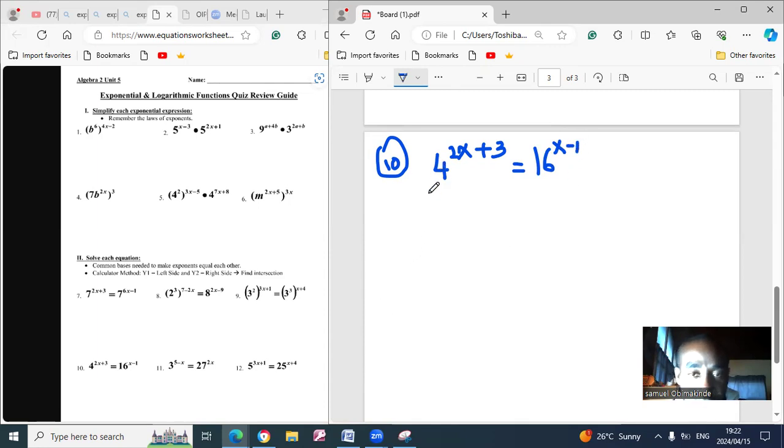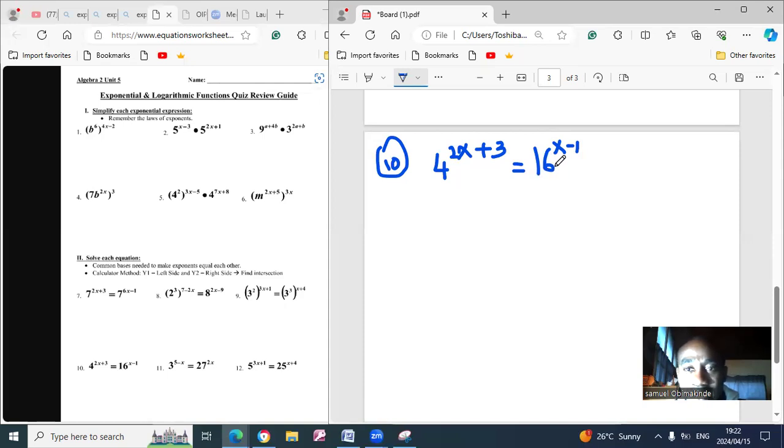So here, remember, our first point is that you find a way to make this base equal on both sides. So you need to think of the similarity between 4 and 16. So in this case, you don't need to do anything to this 4, but you can think of converting 16 to its prime.